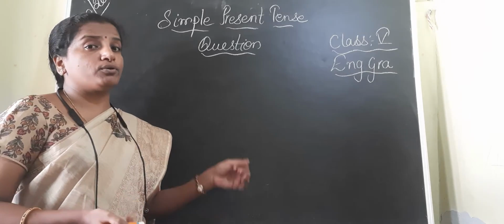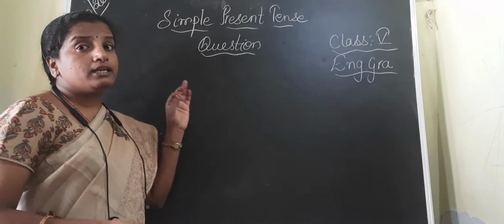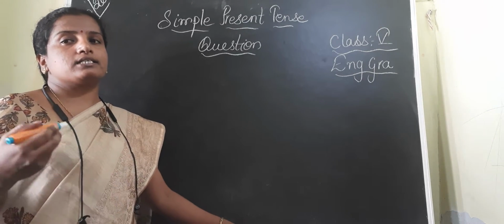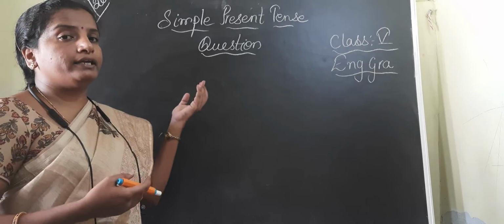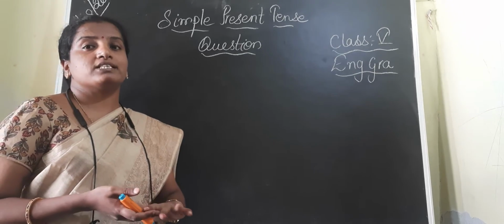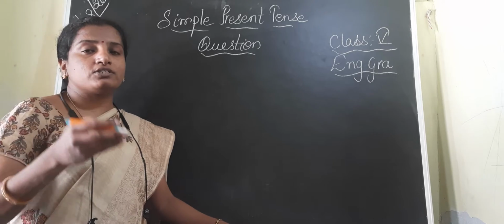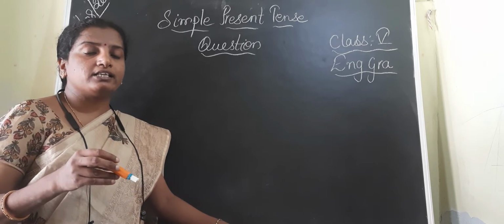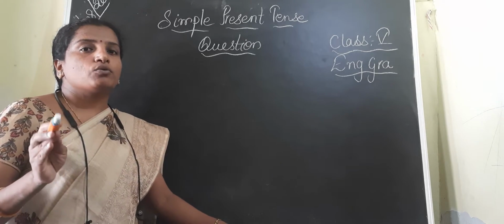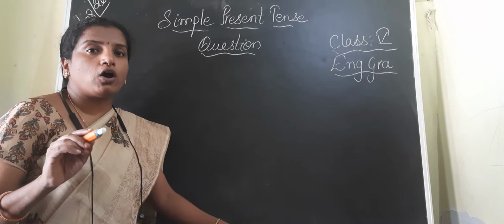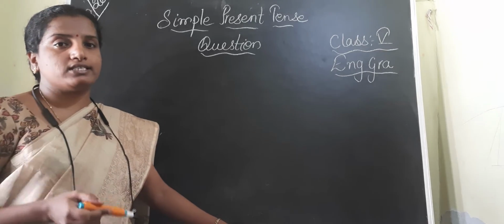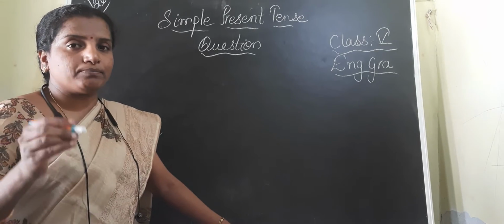Before going to the simple present tense in detail, let us discuss what we have learnt about the positive statement structure. Along with the subject we use V1 or V1 with s or es according to the subject.